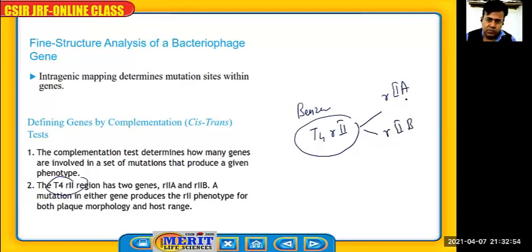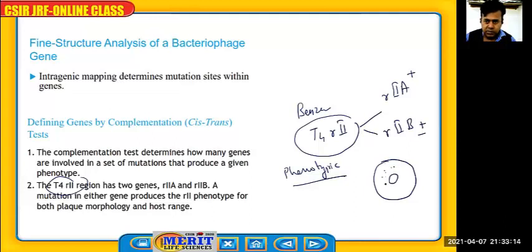So they can have two different phenotypes if one mutation is here and one mutation exists here. So what will be their phenotypic appearance? The phenotypic appearance is the formation of plaques. A plaque is a halo, where suppose you are growing a lot of bacteria, right?